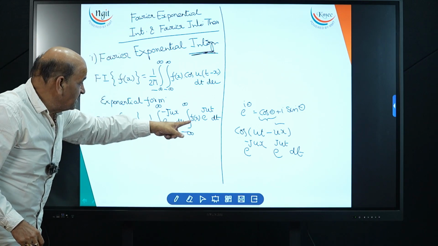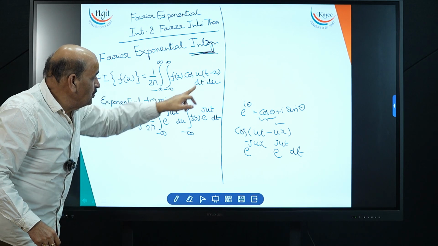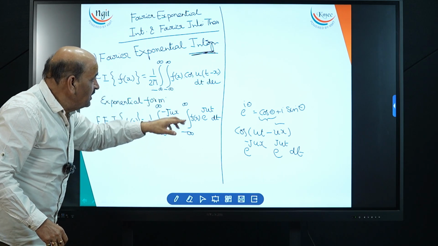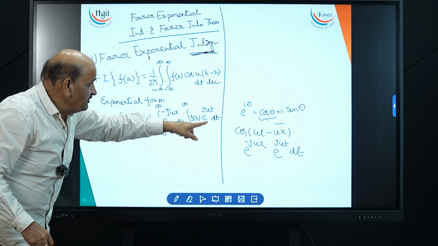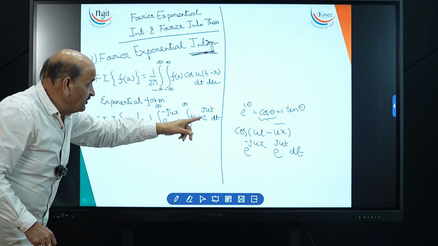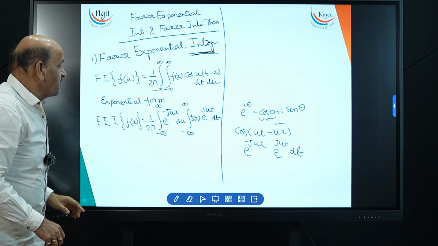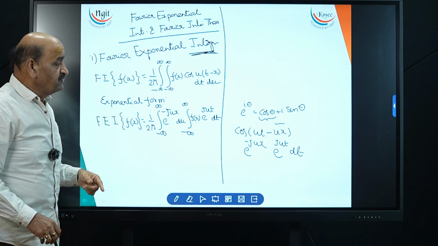Now here are two integrals: one is e power minus j ux with respect to variable u. The second one is f of x into e power plus j ut, here with respect to t only. Already the integral with respect to u is done, so the remaining variable is t. This is the Fourier exponential integral.